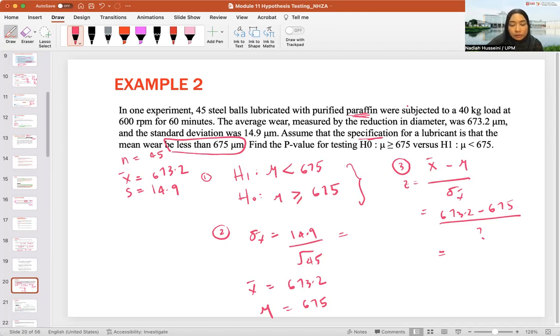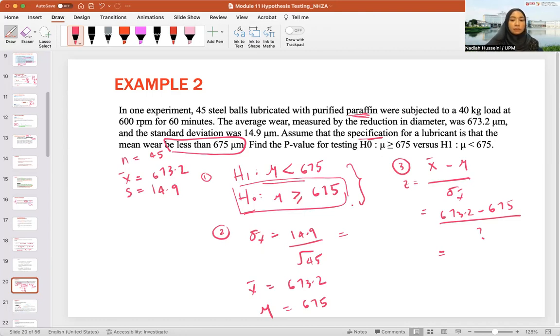The null hypothesis that we assume to be true was this one. We always assume the null hypothesis to be true until we prove otherwise. So we are assuming that the ball did not reduce in diameter. The specification for a lubricant is that the mean wear be less than 675, so we are forming a null hypothesis that is going against this statement.